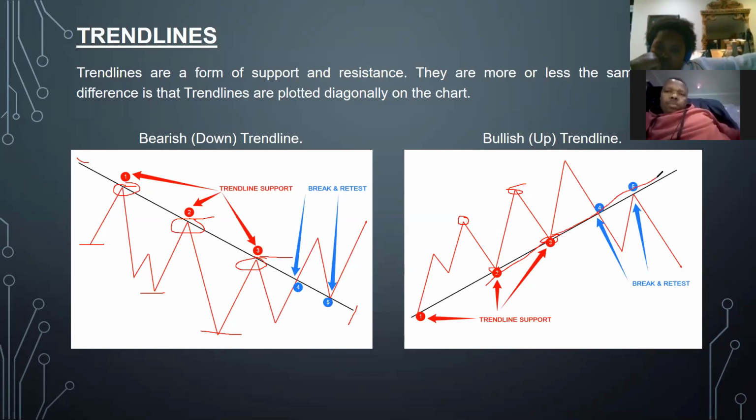So it's a trend line support. So we've got a trend line support, and then we've got a trend line resistance. A trend line resistance is in a bearish market. Trend line support is in a bullish market.